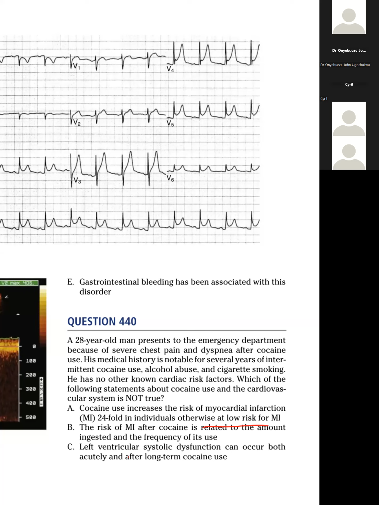At least I know it increases the risk of MI. The risk of MI after cocaine is related to the amount ingested and the frequency of its use. I'm not sure of this one. Left ventricular systolic dysfunction can occur both acutely and after long-term cocaine use. That's certainly true.